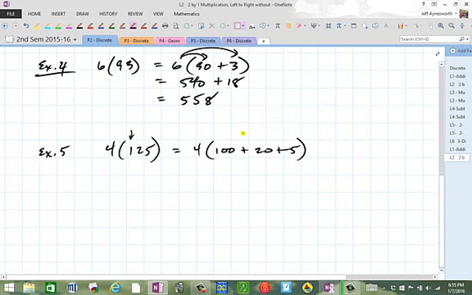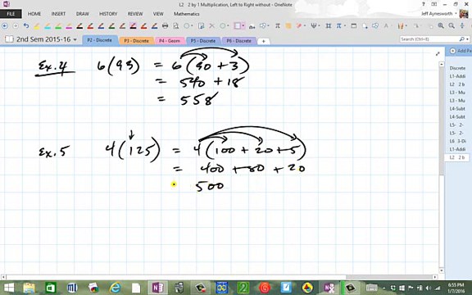It's called rewriting a number in standard form using the place value. So 4 times 100 is 400. 4 times 20 is 80. 4 times 5 is 20, right? And then you add. Now you can add from left to right. You can add out of order. It doesn't really matter in this case because in addition, the order doesn't matter. All right, 20 and 80 is 100 plus 400, well, that's 500, okay? And that's all there is to it.